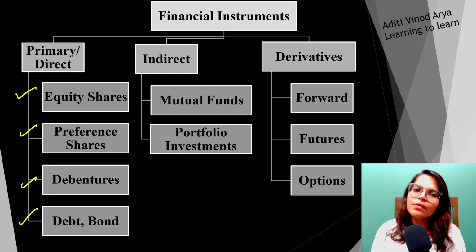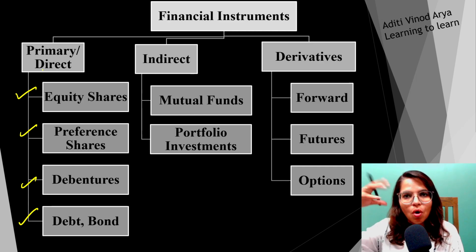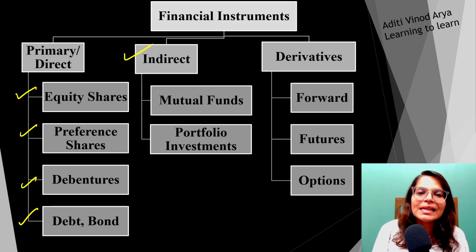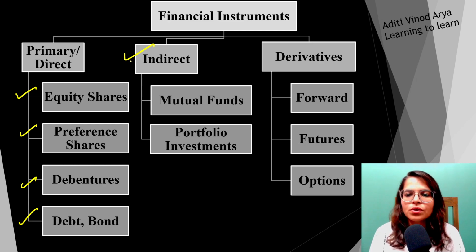So it becomes a very difficult task for you to list out all the companies from which we have purchased the equity shares. That is why we refer to it as indirect. The last is derivatives. Derivatives include futures, forwards and options that we are going to do in future.